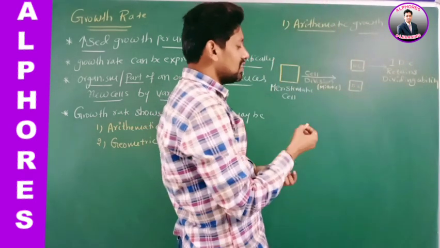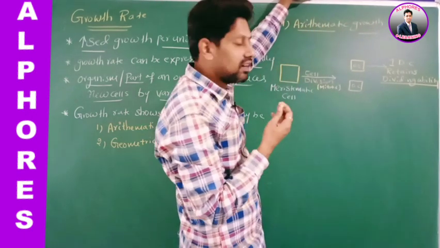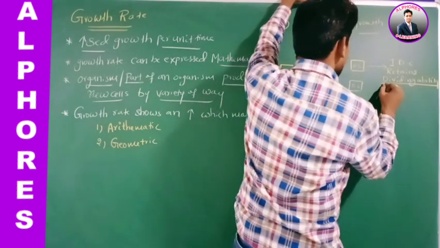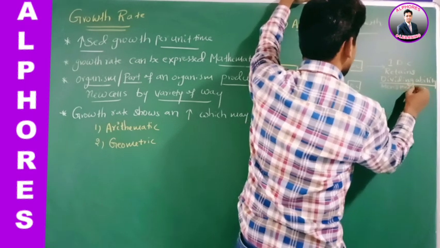So can we call this daughter cell a meristematic cell? Yes, because it has retained the dividing ability. Therefore, this becomes a meristematic cell.